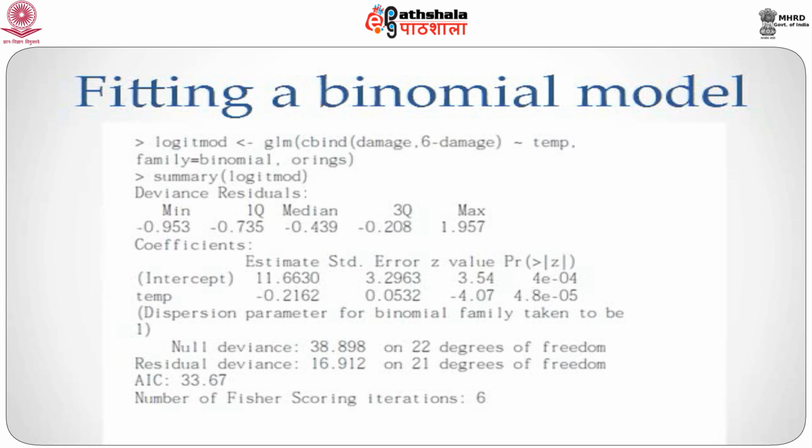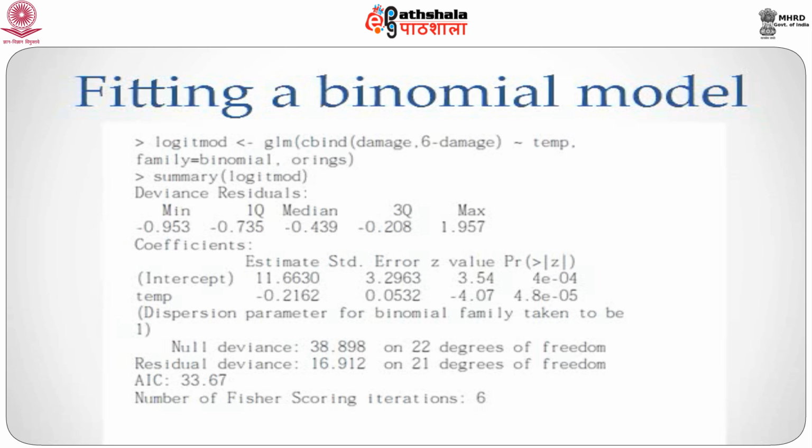Thus, the general syntax is cbind, success, and failure. We then use the tilde and a formula which gives the regression model to be fitted. So in this case, we just have temperature as a covariate, and so our syntax is GLM, cbind damage, 6 minus damage, tilde temperature, family is binomial, and O-rings.